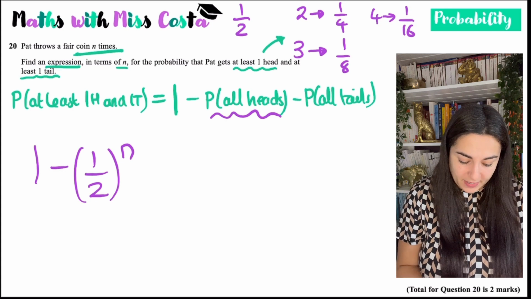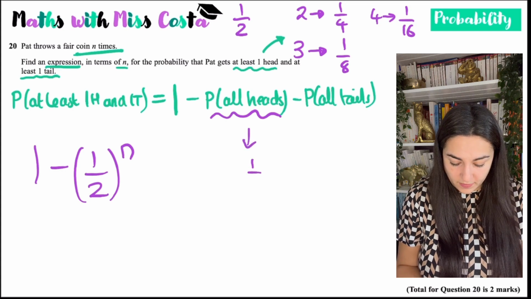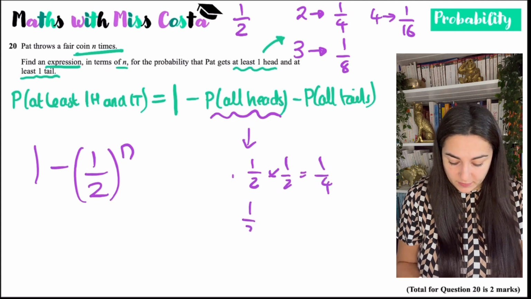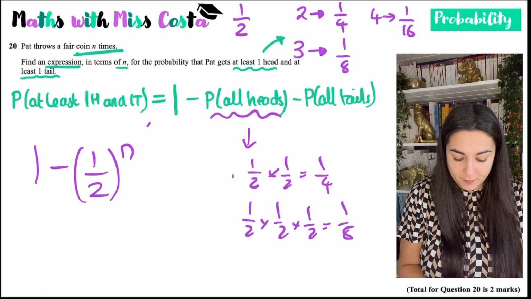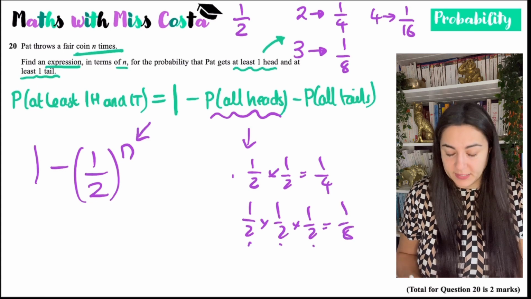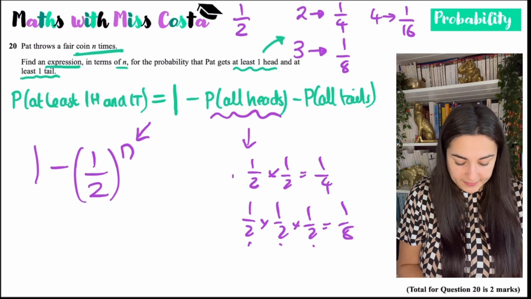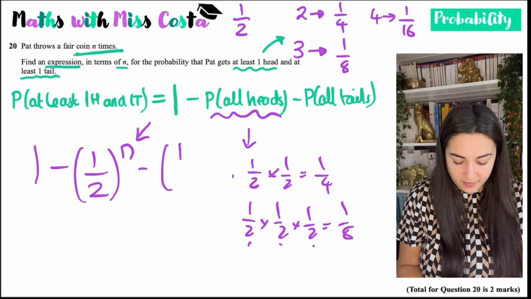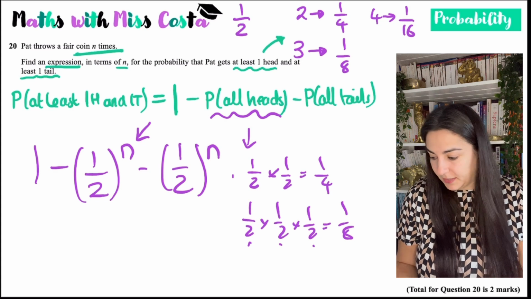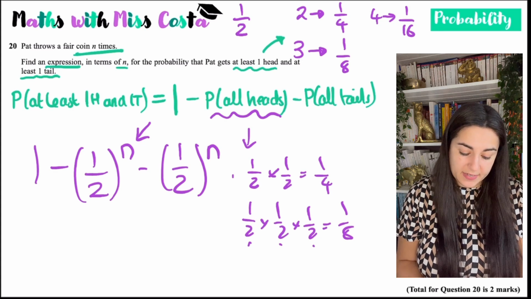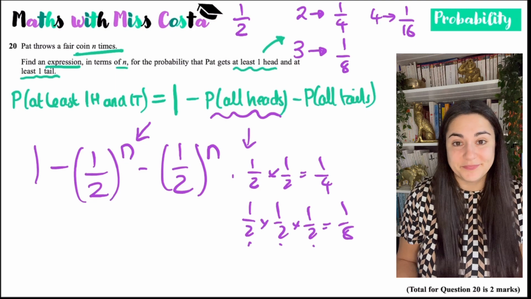If n was 2, you would do a half times a half, which is a quarter. If n was 3, you would do a half times a half times a half, which is an eighth. Okay, so however many times you throw it is however many times you multiply getting a head. And the same thing for the tails. So that would be a half to the power of n. Okay, so the expression would just be 1 take away a half to the power of n, take away a half to the power of n.